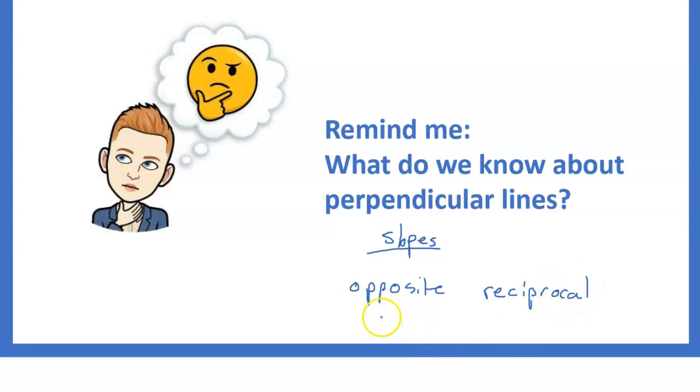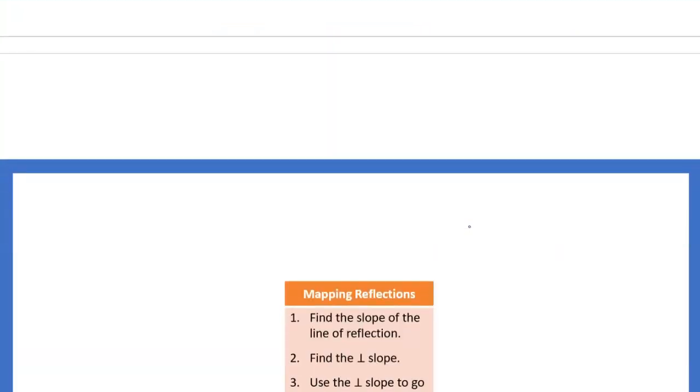Remember, those words mean plus or minus. We change the negativity of it. And then reciprocal means we flip the fraction upside down. So if it was like 1/3, we'd flip it to 3/1. So perpendicular lines have opposite reciprocal slopes. We're going to use that information to find the reflection of a point.